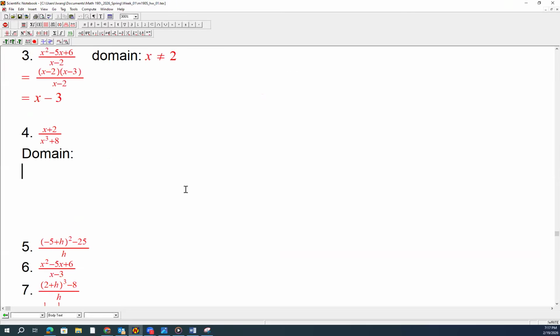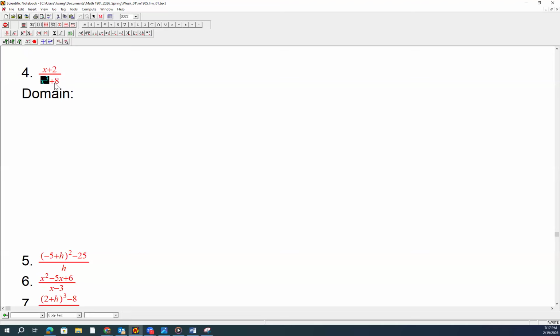Okay, to find the domain, we can also do two different ways, okay? So x to the power 3 plus 8 equal to 0, okay? And then x raised to the power 3 would be equal to negative 8.